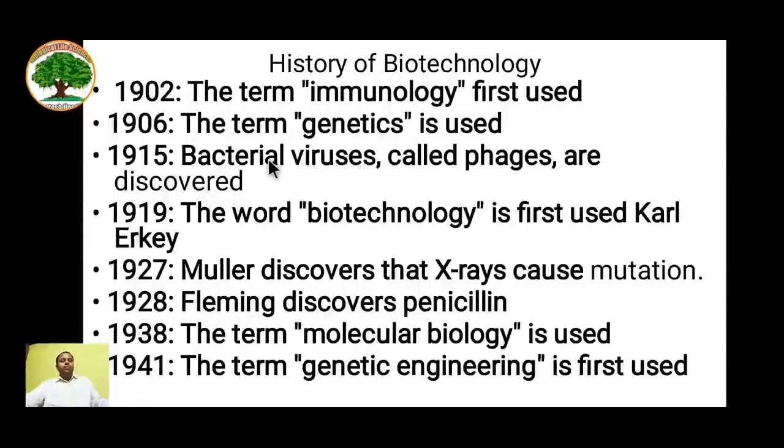Nowadays, we know that these bacteria and phages are used as vectors in genetic engineering. That is an important part of biotechnology. In 1919, the word biotechnology was coined for the first time by Karl Ereky. In 1927, Muller discovered that X-rays cause mutation. In 1928, Fleming discovered penicillin.